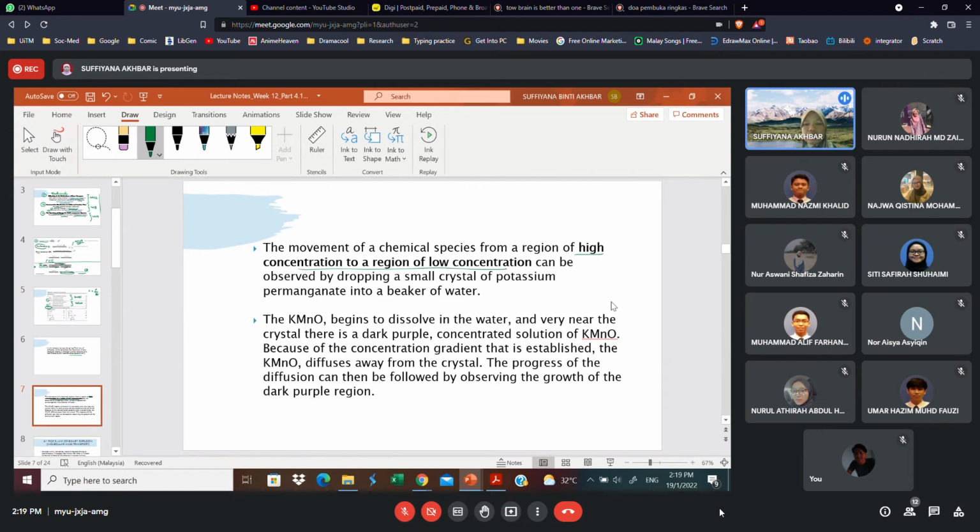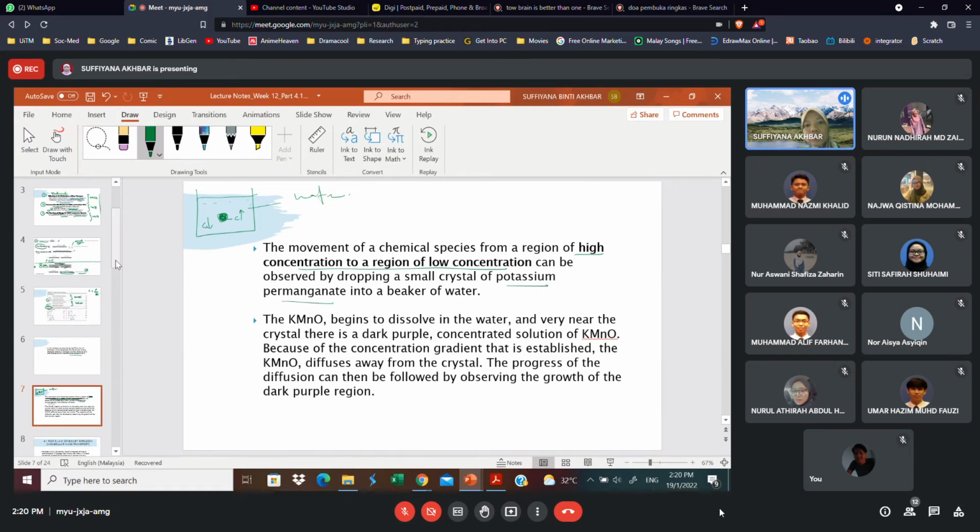Okay. So for example, here in a beaker there is water. In this water, there is a small crystal of potassium permanganate. At this point, the concentration is very high. Meanwhile, at the surrounding, the concentration is very low. Concentration of what? Concentration of the potassium permanganate.